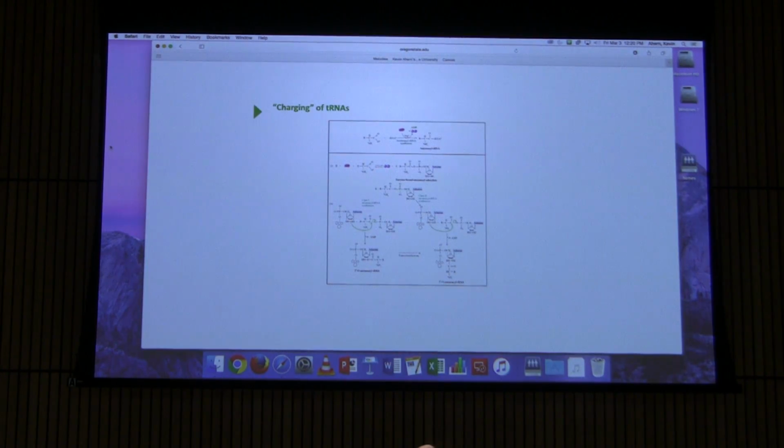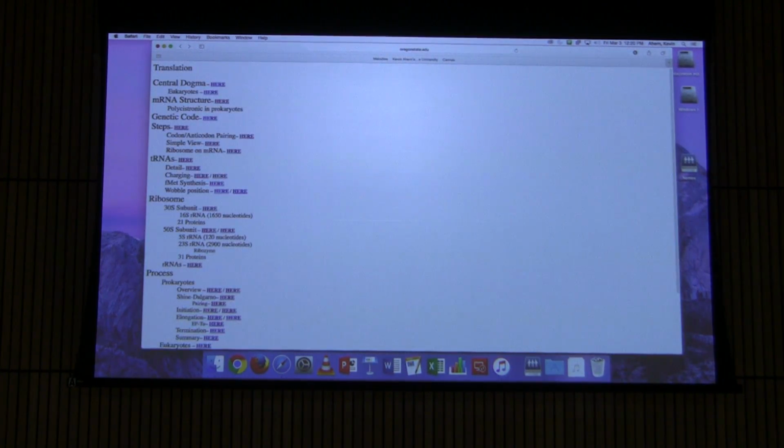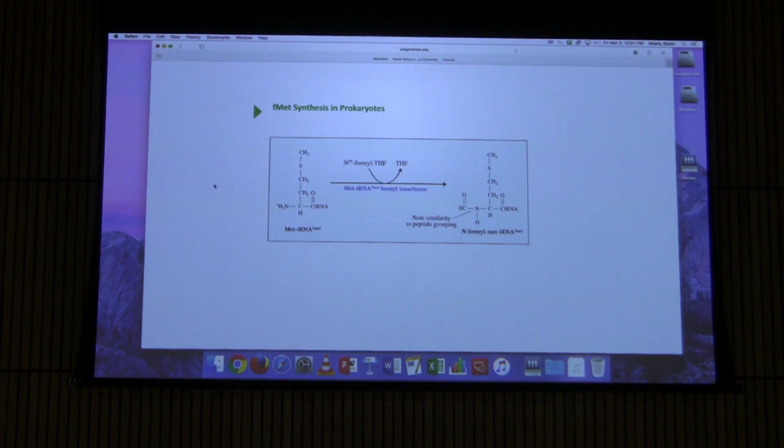The EF in the name stands for elongation factor, EF-Tu. Okay, so that's what's happening during the preparation for synthesis of a protein.